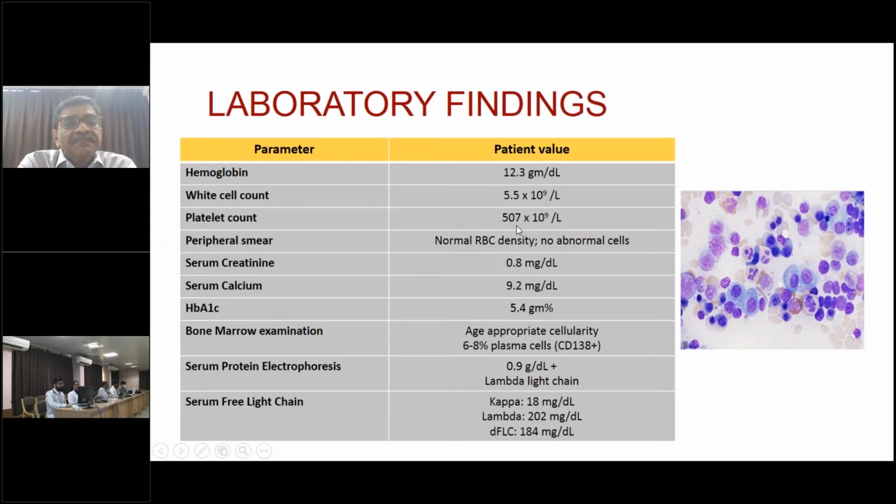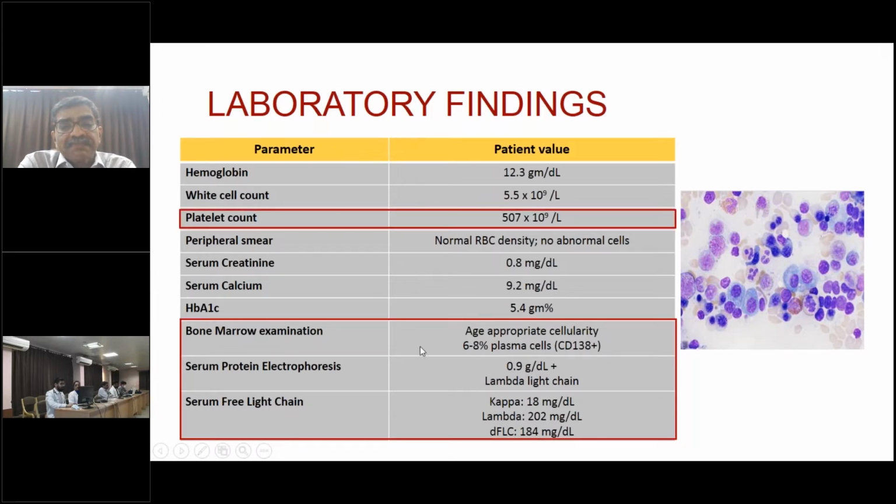We were leaning towards a diagnosis of some monoclonal gammopathy being at play here. So we asked for a bone marrow examination and a protein electrophoresis, which revealed a lambda light chain of 0.9 grams per deciliter with a deranged free light chain ratio. And the bone marrow examination showed 6 to 8% clonal plasma cells, which were highlighted on IHC for CD138.